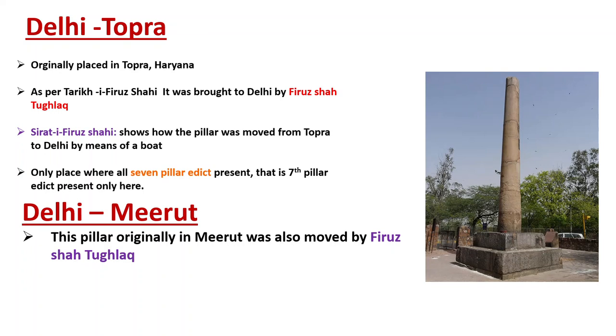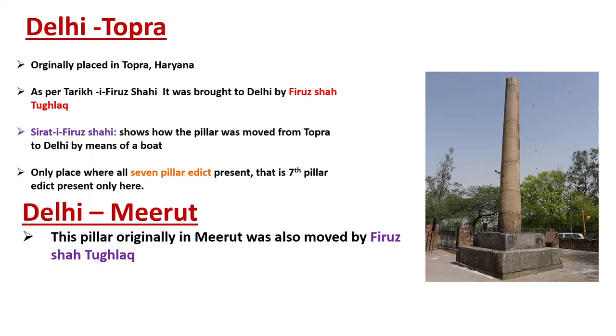The next one is Delhi Topra, and this is a place in Haryana, and as per Tarikh-i-Firoz Shahi, Firoz Shah Tughlaq, the king of the 14th century, moved this pillar from Topra to Delhi because of its beauty. And it says in Sirat-i-Firoz Shahi that both these pillars were transported.